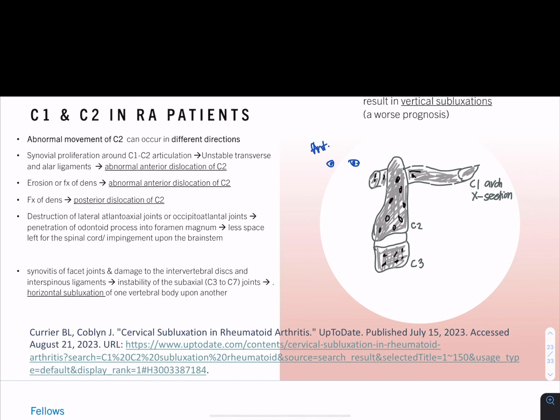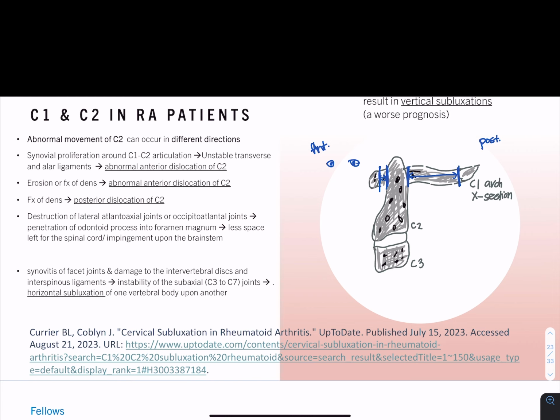The anterior atlanto-dens interval is measured from the posterior surface of the anterior C1 ring to the anterior surface of the odontoid process. The posterior atlanto-dens interval is measured from the posterior surface of the odontoid process to the anterior portion of the posterior C1 ring. C2 can be subluxed in different directions, so let's talk about different scenarios.